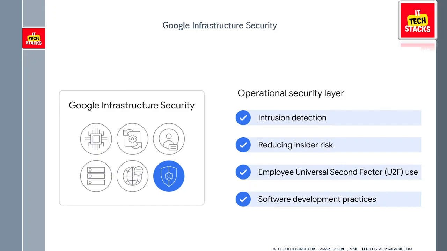Google aggressively limits and actively monitors the activities of employees also. We can understand the level of security that Google provides. Google keeps monitoring the insider employees who work inside Google. Their activity gets monitored closely to maintain the security of Google.